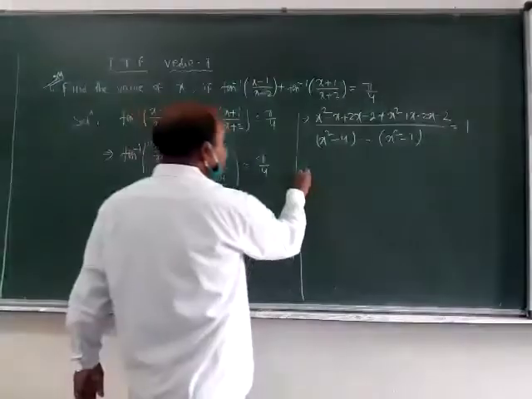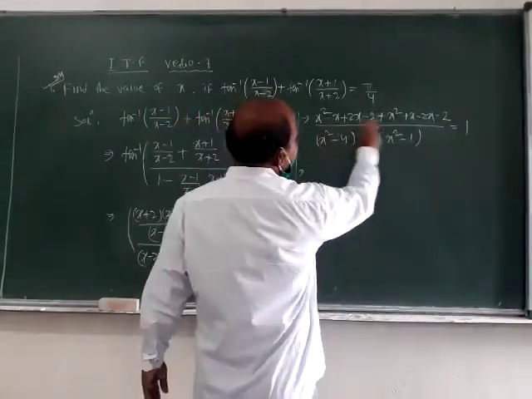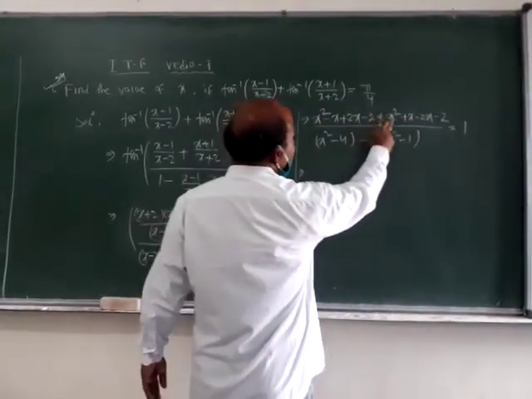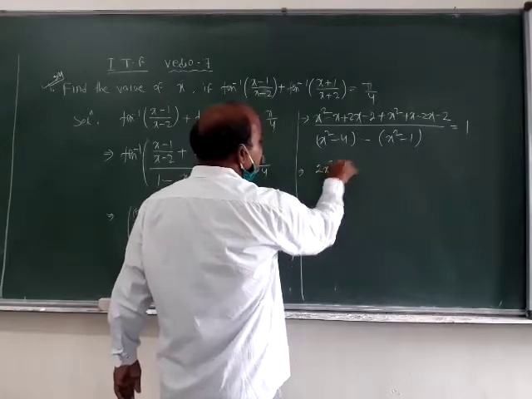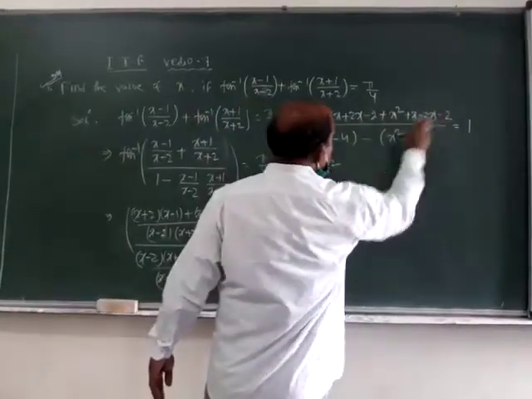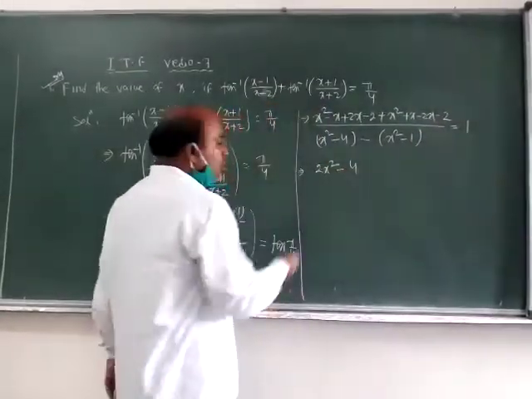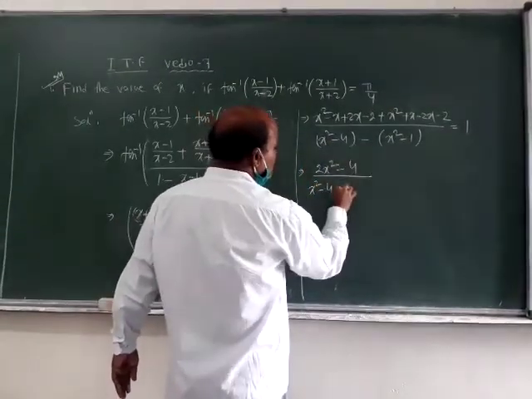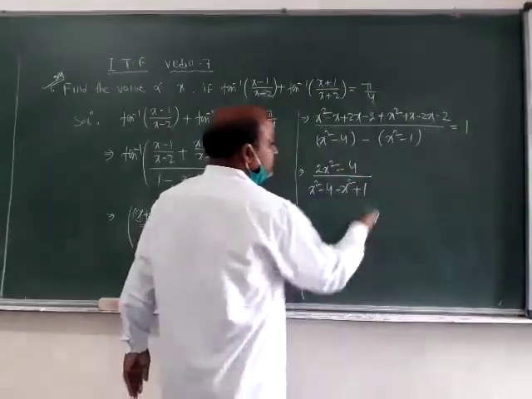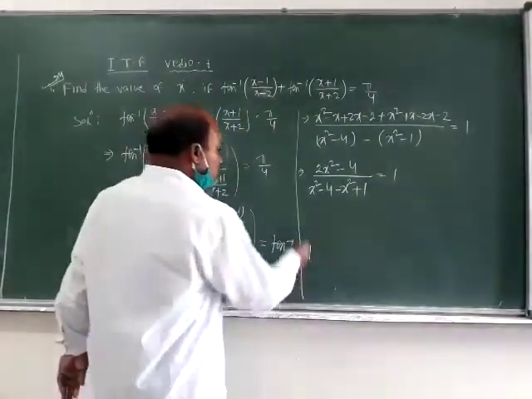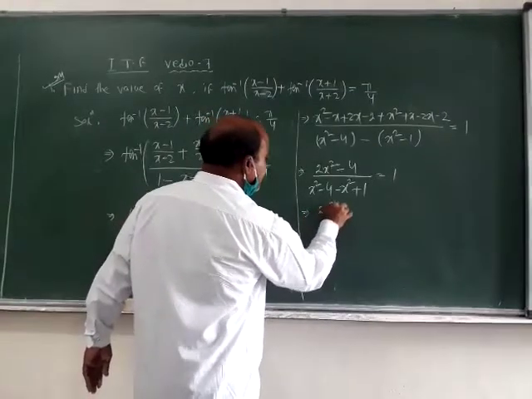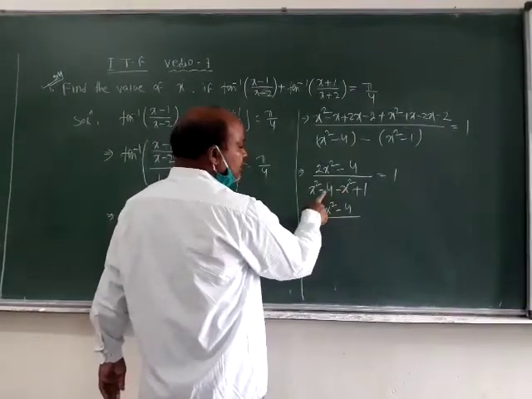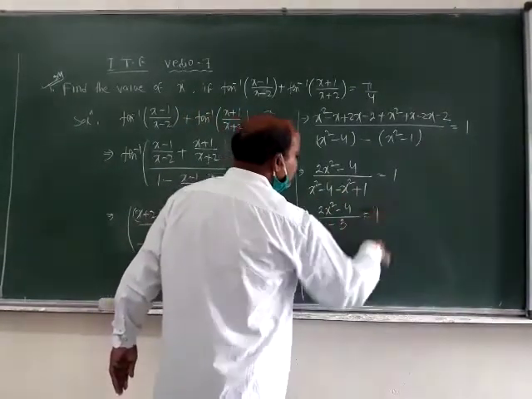Clear? So that implies, look here: minus x plus x, and plus 2x minus 2x are eliminated. Then x square plus x square is 2x square, minus 2 minus 2 is minus 4, upon, expanding the bracket, x square minus 4 minus x square plus 1, is equal to 1. So the numerator is 2x square minus 4, upon x square minus x square cancels, minus 4 plus 1 is minus 3, is equal to 1.